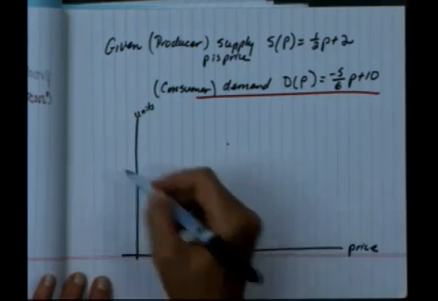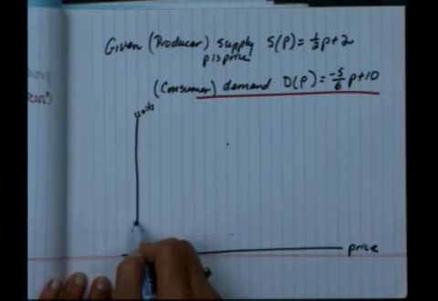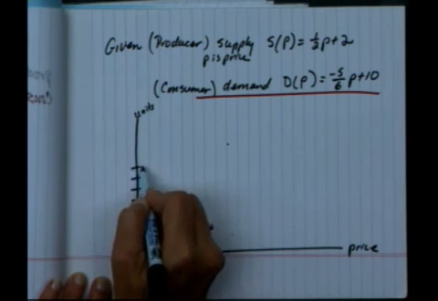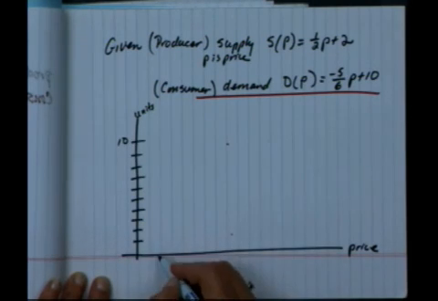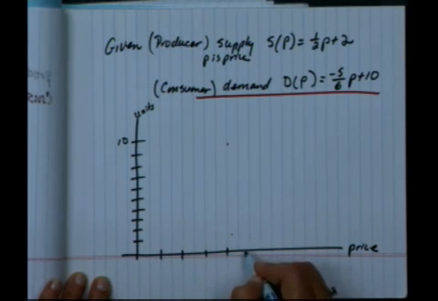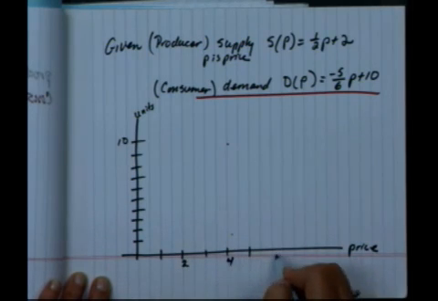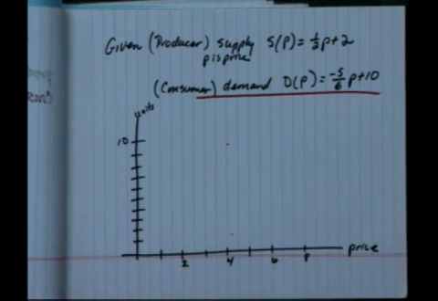All right, and along this axis, looks like I need to go up to 10. 1, 2, 3, 4, 5, 6, 7, 8, 9, 10. Okay, and we'll mark off some units this way and hope that I come in good here. 2, 4, 6, 8. Okay?